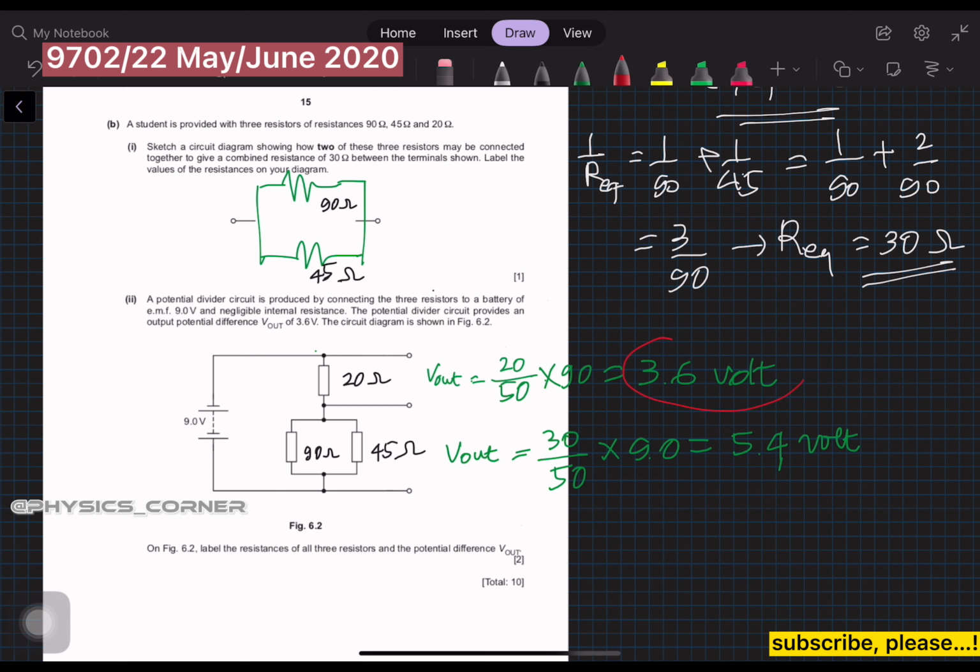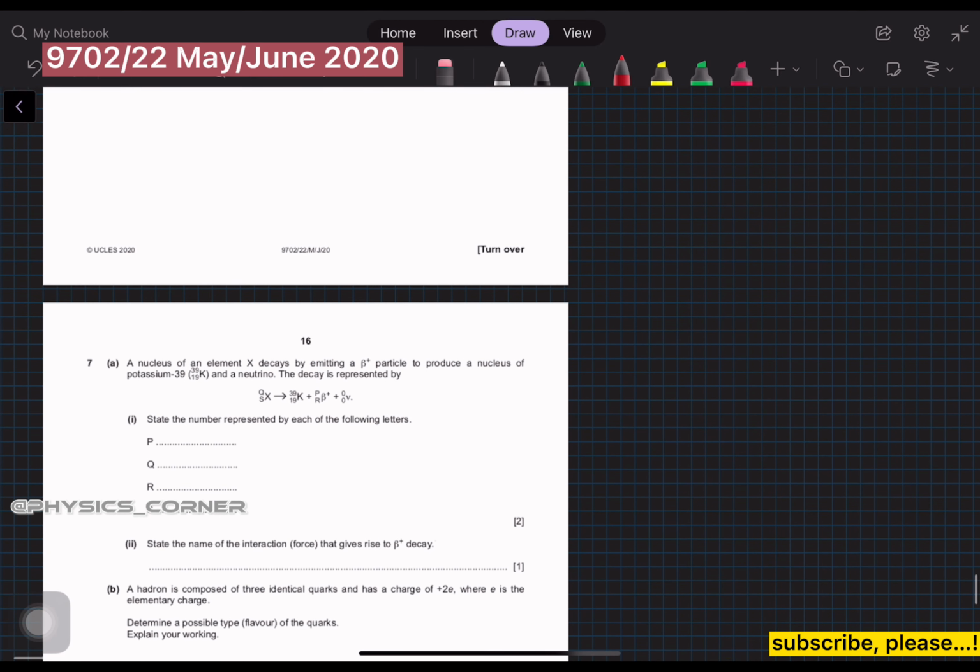You may see between 3.6 and 5.4, when we add, this is 9.0 volts. So we can prove it. Okay, done for question 6.